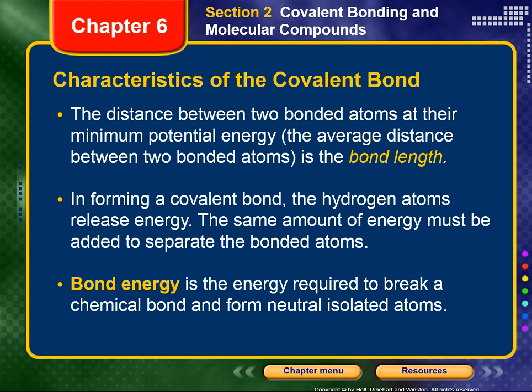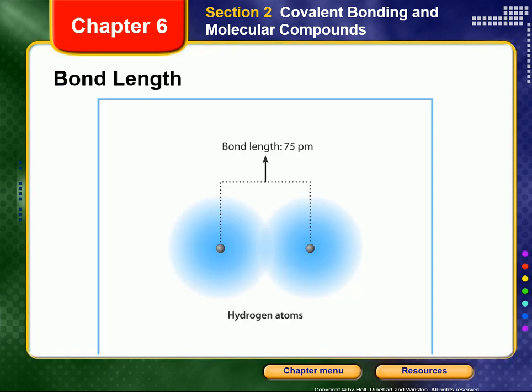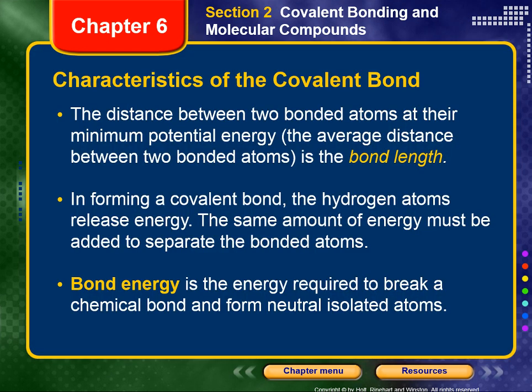The distance between two bonded atoms at their minimum potential energy, that is, the average distance between the two bonded atoms, is the bond length. The bond length of a hydrogen-hydrogen bond is 75 picometers. In forming a covalent bond, the hydrogen atoms need to release energy as they change from isolated individual atoms to parts of a molecule.